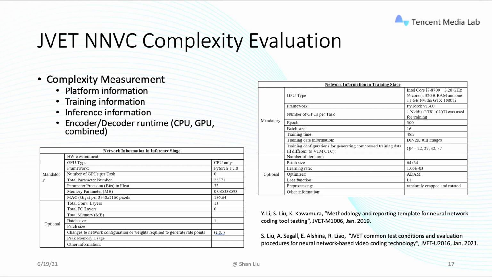Besides encoding and decoding runtime, JVET, the neural network-based video coding ad hoc group, requires proponents to report some other implementation and complexity information such as GPU, CPU type, epoch, batch size, loss function, etc., to help us better understand the complexities of the proposed networks.